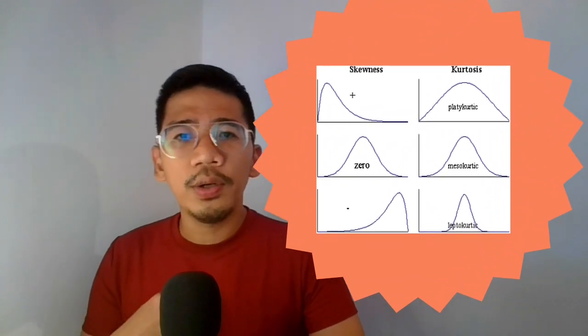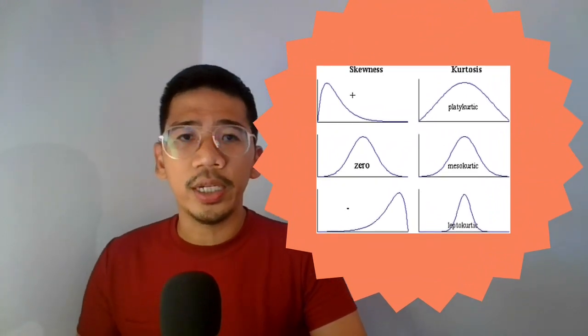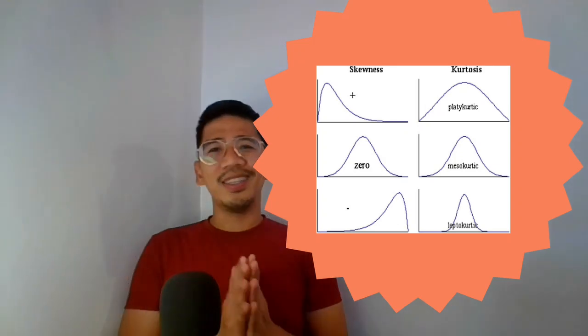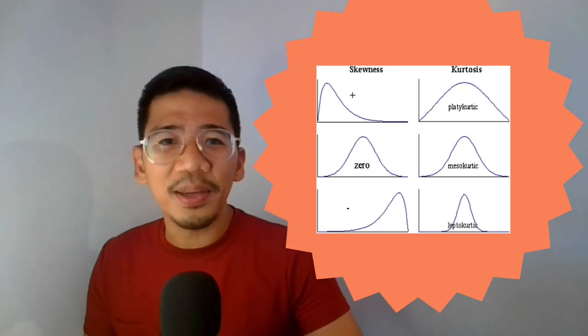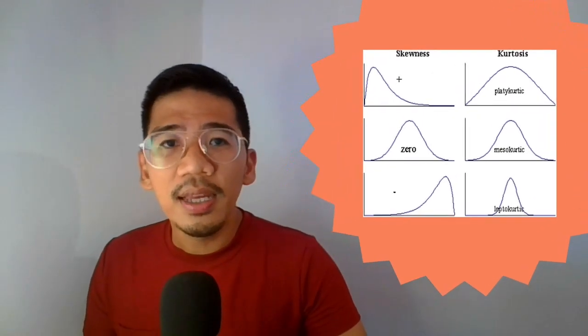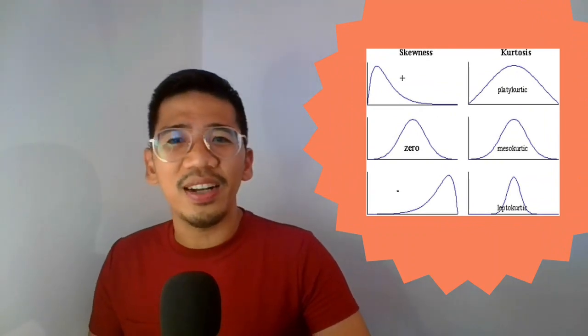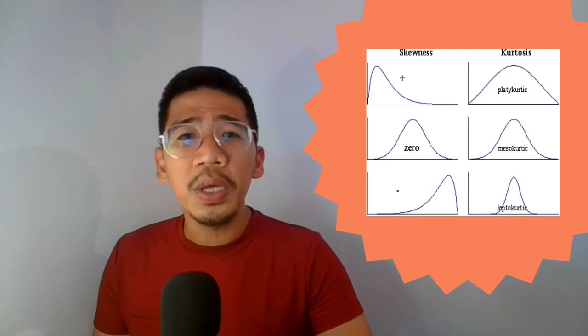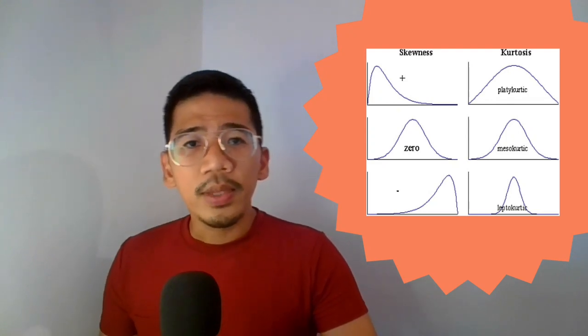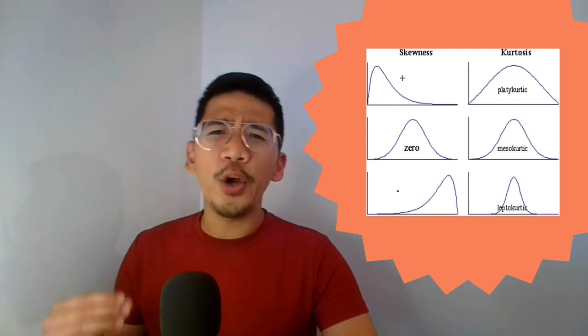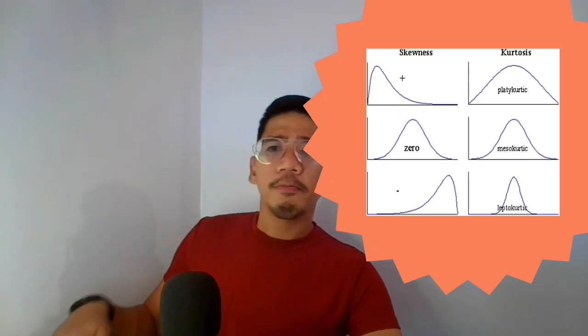Distributions also vary in their kurtosis. Kurtosis, despite sounding like some kind of exotic disease, refers to the degree to which scores cluster at the ends of the distribution, known as the tails, and how pointy a distribution is.